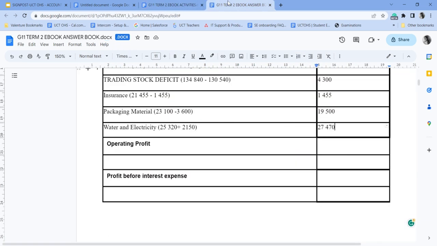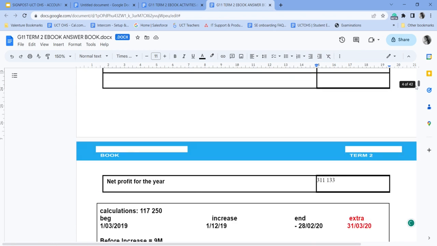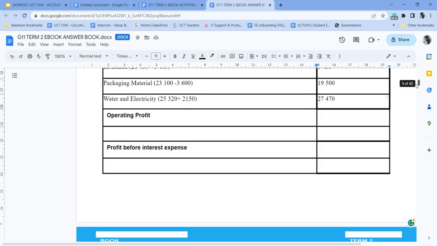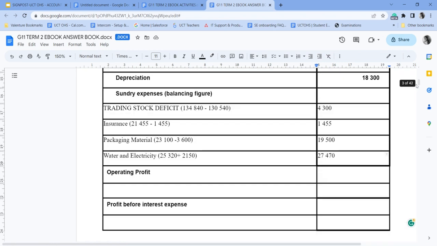So we are done with our expenses side of things here. Remember, I can't finish up and calculate how much is the total for my expenses because we still have sundry expenses that we need to calculate and find out the balancing figure. So I'm jumping the gun and moving straight to my interest income.